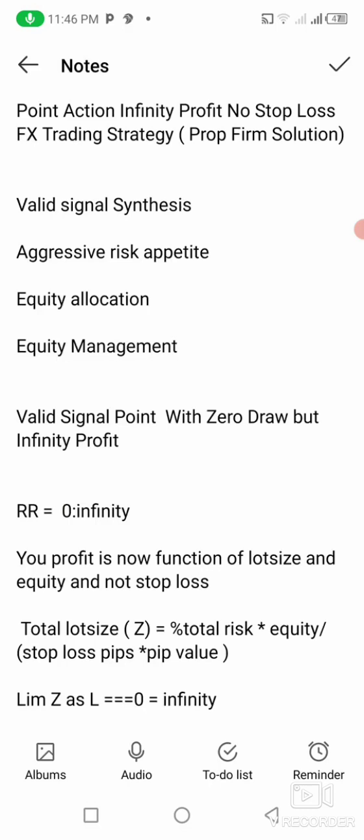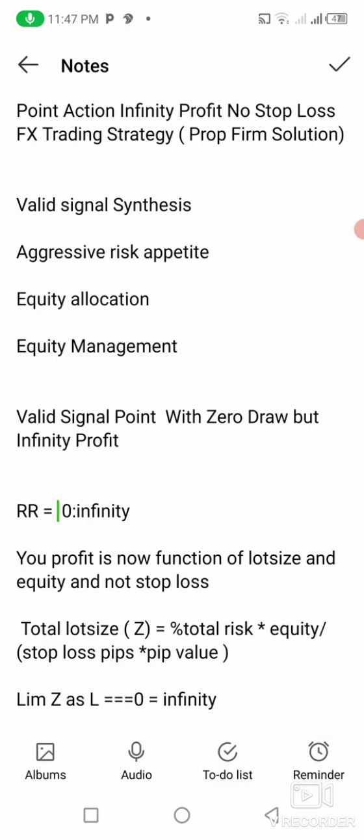Total loss size Z is equal to percentage total risk upon equity, all over stop loss pips upon pip value. This is a kind of numerator over denominator. The numerator is percentage total risk upon equity and the denominator is stop loss pips upon pip value.